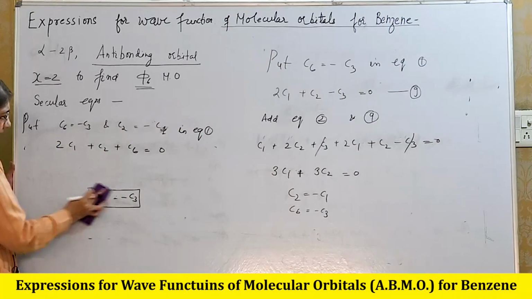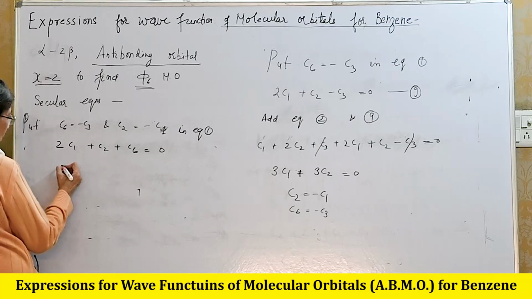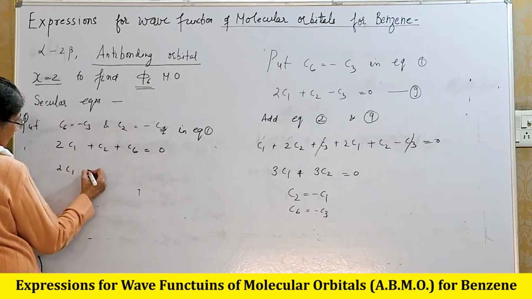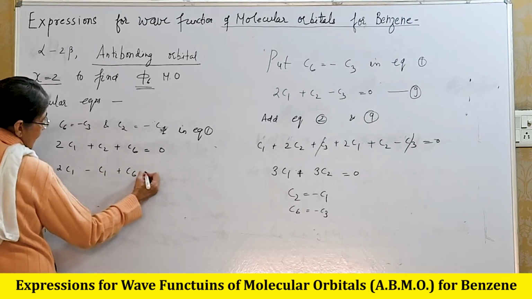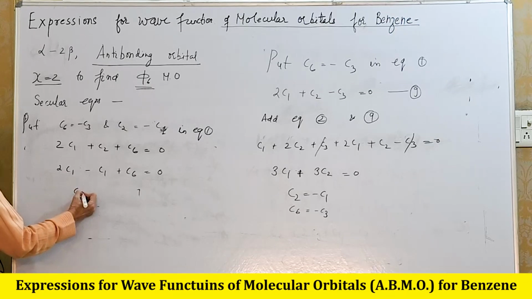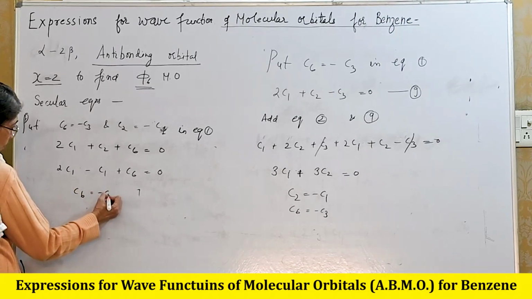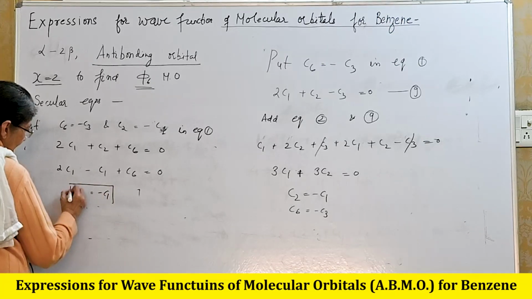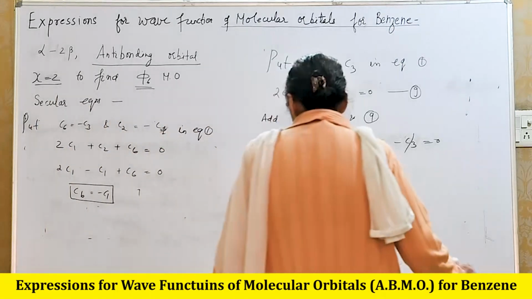So we get 2C1 minus C1 plus C6 is equal to 0. Therefore C6 is equal to minus C1. This is another relationship which we have got in terms of C1.